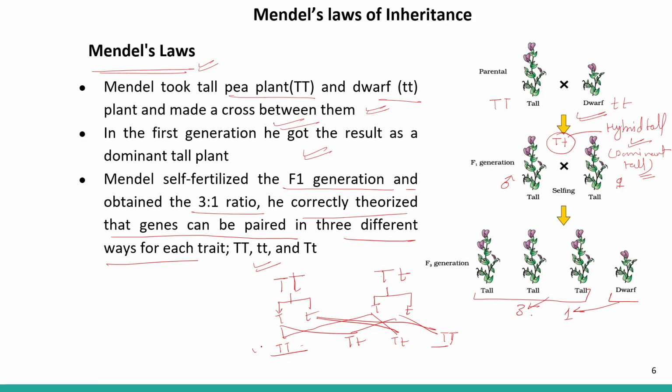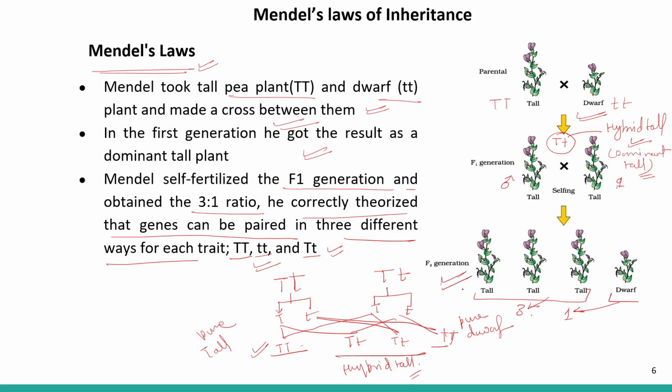So these two are the pure homozygous forms, that is the pure tall, and this will be pure dwarf, right? And this will be hybrid tall. So these are the three types of plants we are getting at this F2 generation.